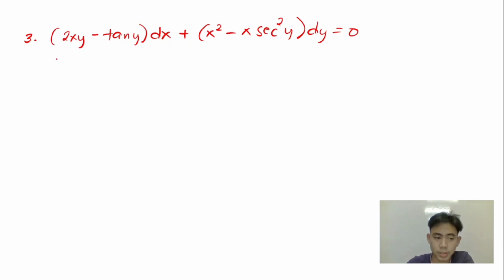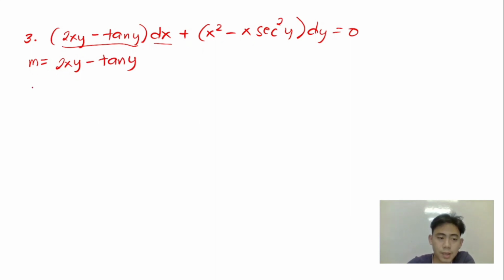Okay. So first, we need to identify what is M. Ano yung value ni M? Ito ang value ni M, si 2xy minus tangent of y, kasi siya yung nakamultiply kay dx.